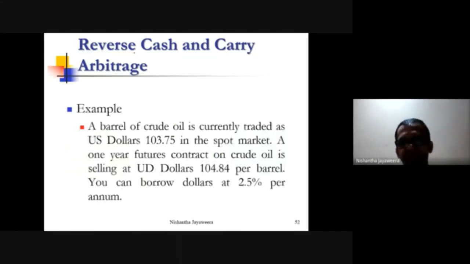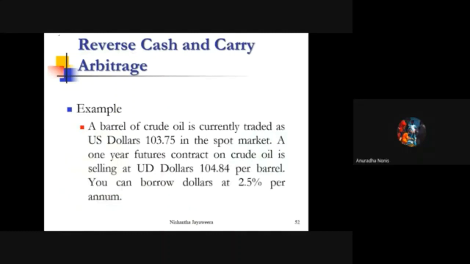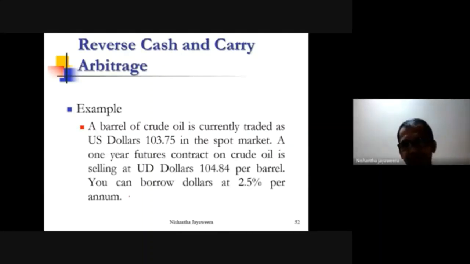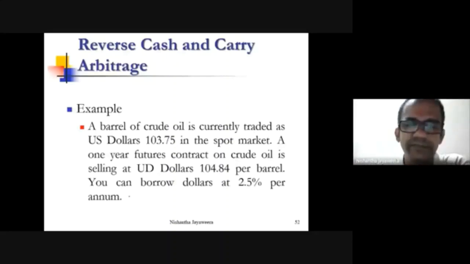So this is an example. Excuse me, I didn't understand the fourth step. Fourth step is, say, if you sell something which you don't have, but say in 2 days you have to deliver that to the buyer. How do you do that? You borrow that asset from a party who has a position and who is willing to lend that asset to you.